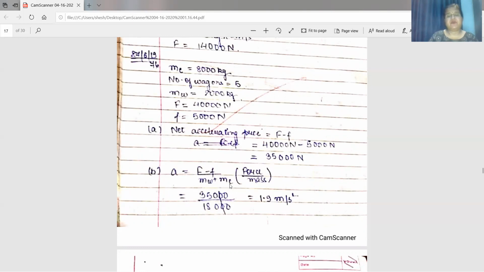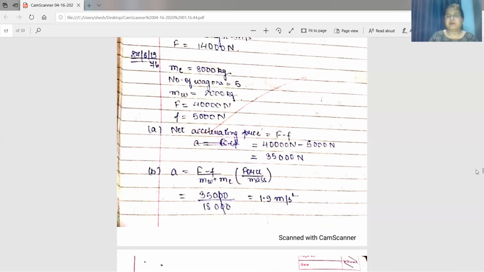Mass of the engine is 8000, mass of each wagon is 2000, and there are 5 wagons. So 2000 into 5, you are getting 10,000 plus 8,000, total it is 18,000. So a will be equal to 35,000 by 18,000. After calculation, you are getting 1.9 meter per second square.